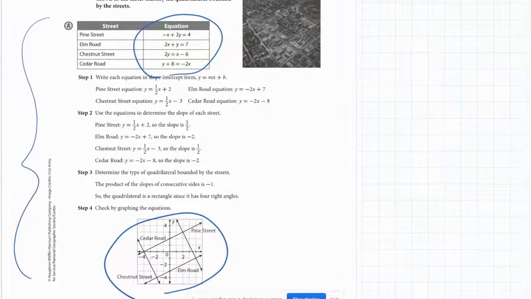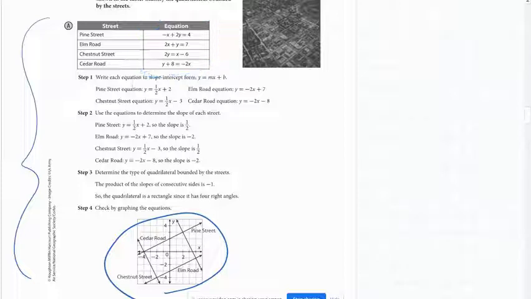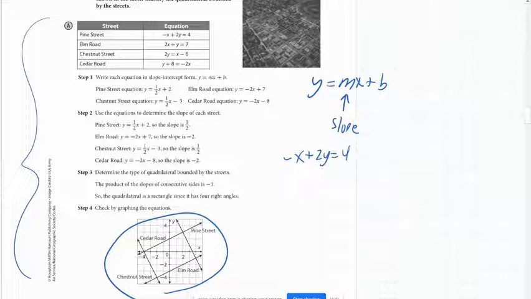And so we can use the slopes to find out if the lines are perpendicular or not. Usually to find the slope, you want to have the equation in the form y = mx + b, because the number in front of x tells us the slope. For this first equation, we would want to get y by itself. So you have -x + 2y = 4.